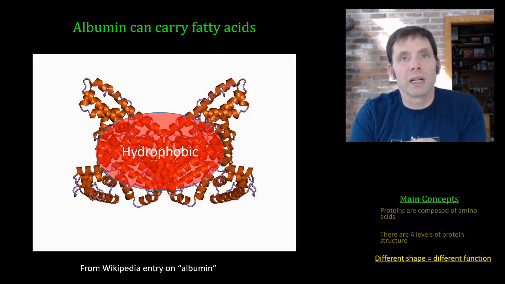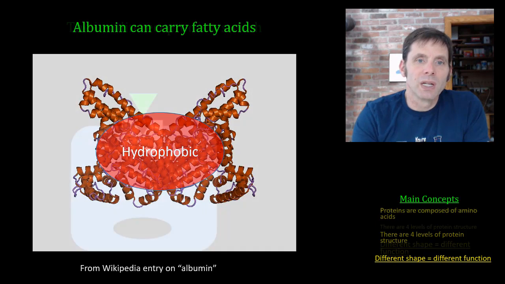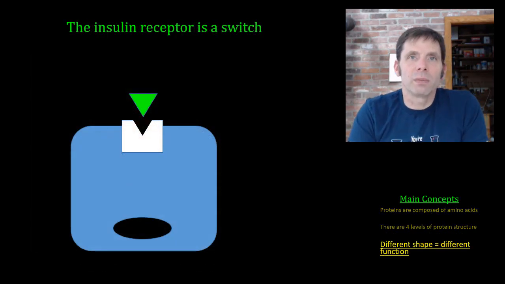And because albumin can be delivered throughout the plasma, the fatty acids can also travel through the plasma bound to albumin. Hopefully that makes sense. And then we understand that the interactions of all the atoms in a molecule help determine its shape. So maybe it won't come as a surprise that a protein can change shape when the bonds around it change.